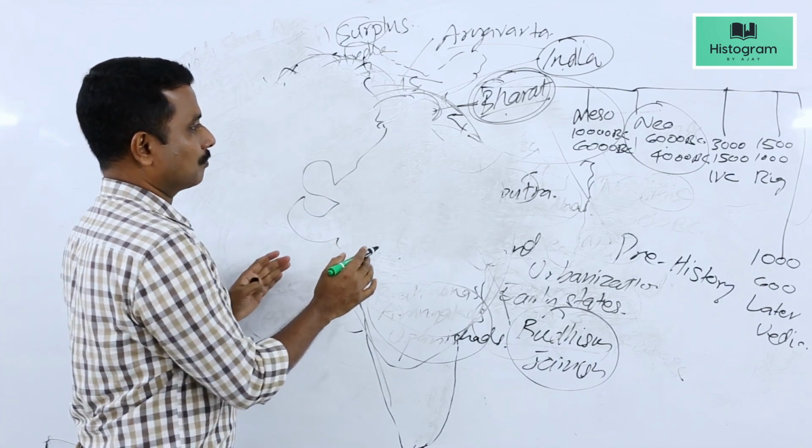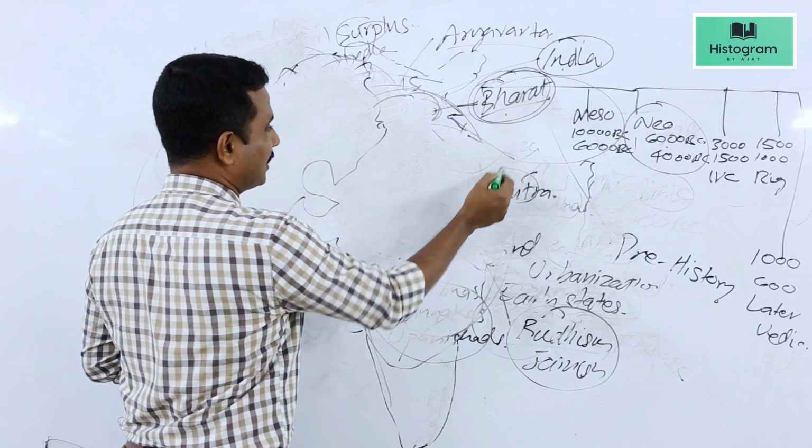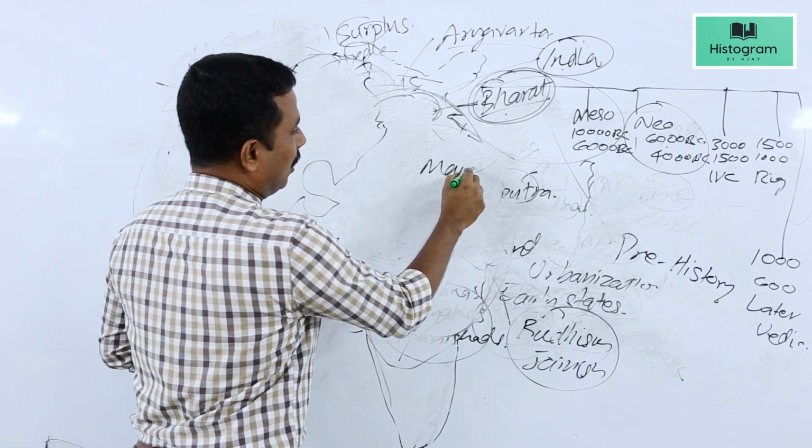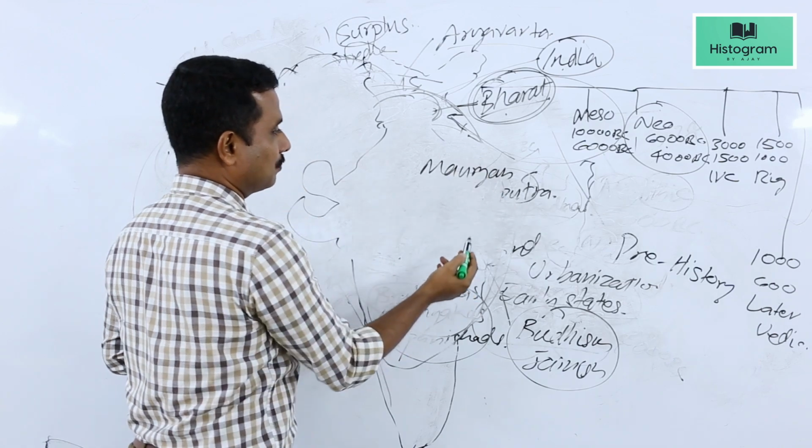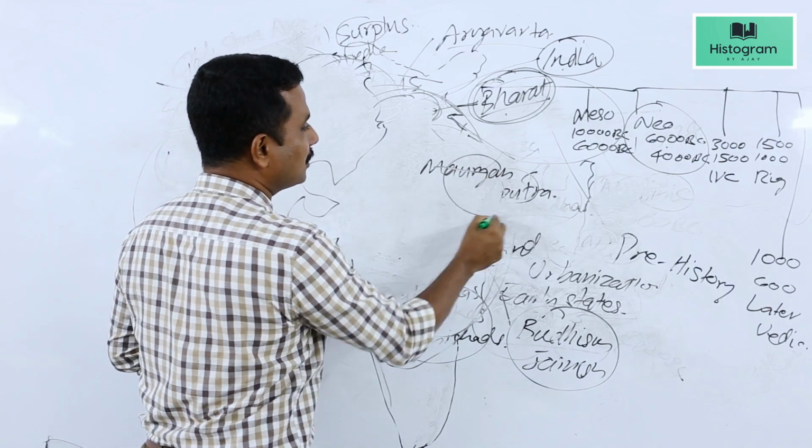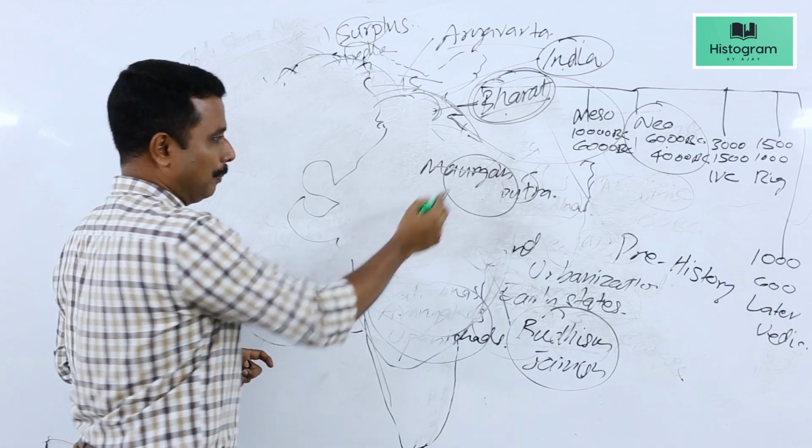During this period, a centralized vast empire called Mauryan Empire declined, and in its place a large number of states emerged.